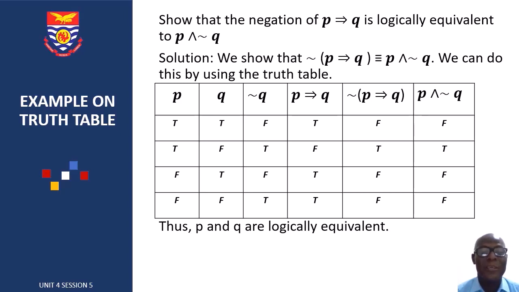If P is false and Q is true, since the first statement is false and the second is true, the implication is true. If P is false and Q is false, the implication is truth.